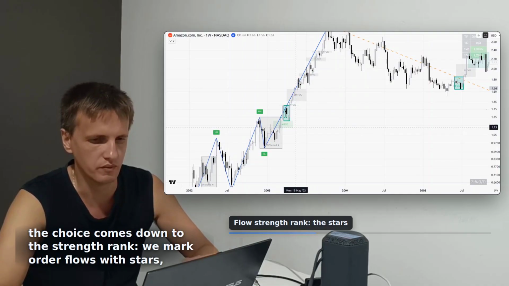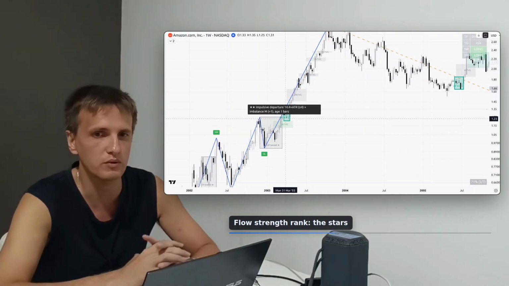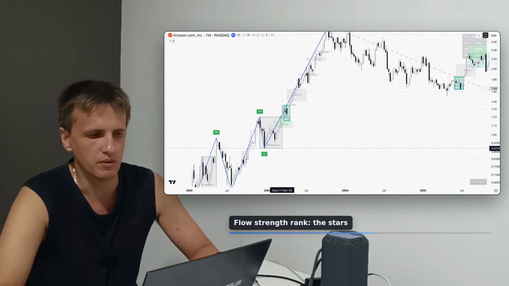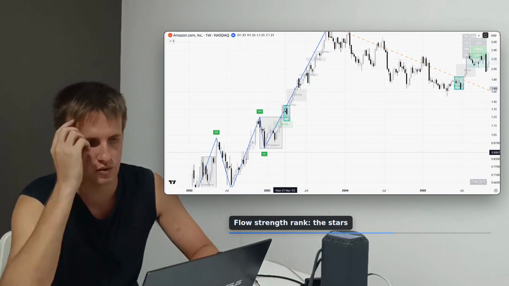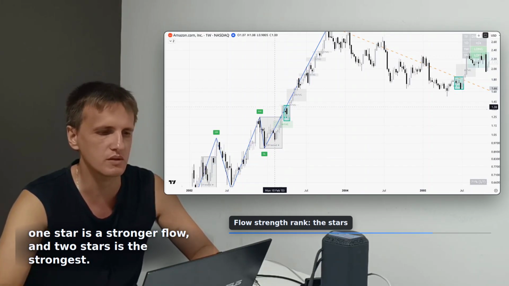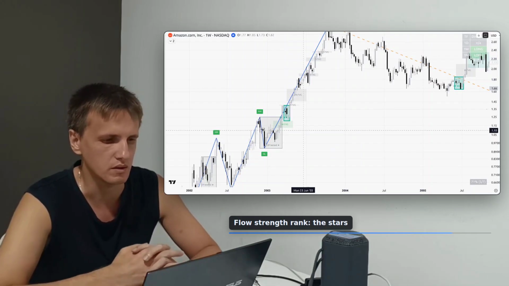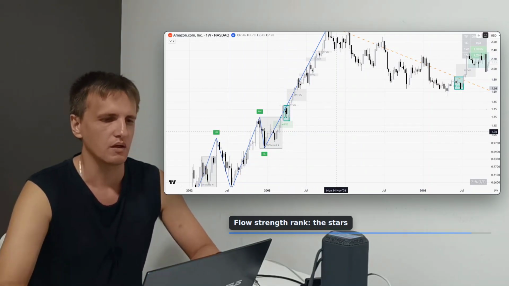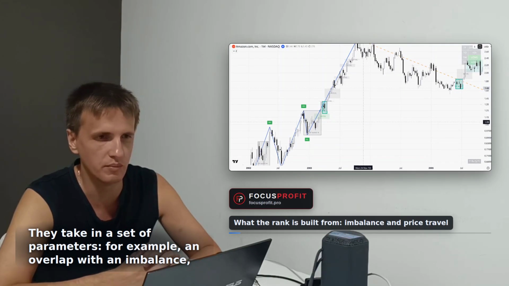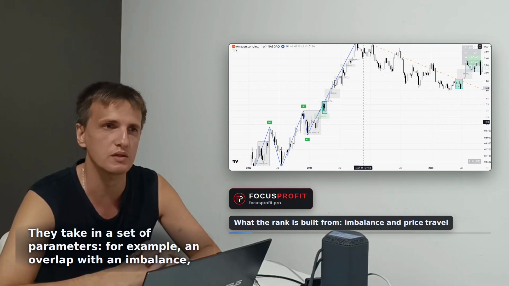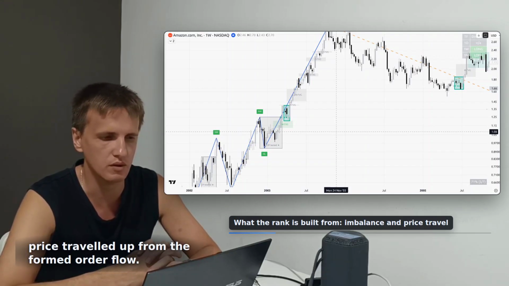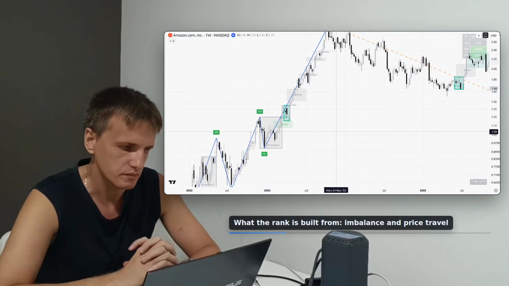We mark order flows with stars. And if the flow is weak, we draw no stars at all. 1 star is a stronger flow, and 2 stars is the strongest. They take in a set of parameters, for example, an overlap with an imbalance, whether the impulse is rising, and how far price traveled up from the formed order flow.